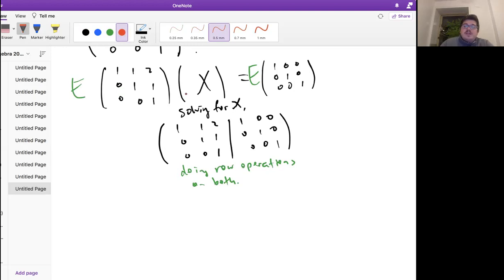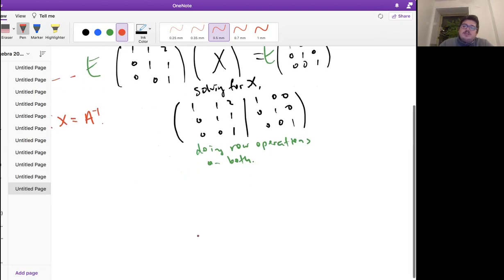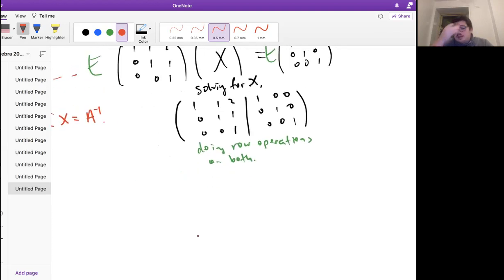So we know when we're finished is that when we do all these row operations, at the end we'll get I times X is equal to A inverse.